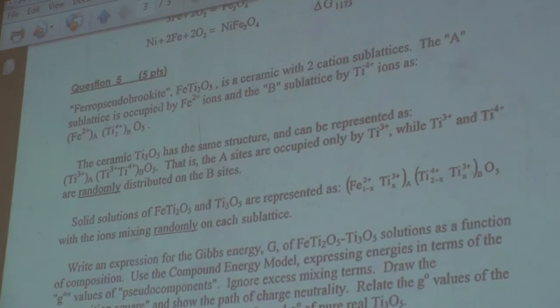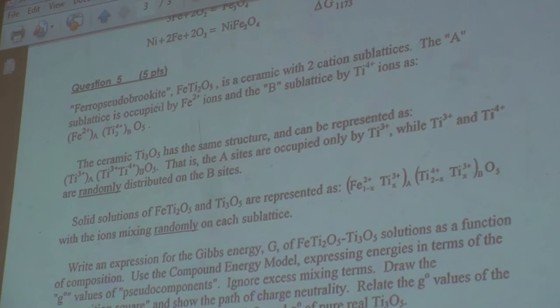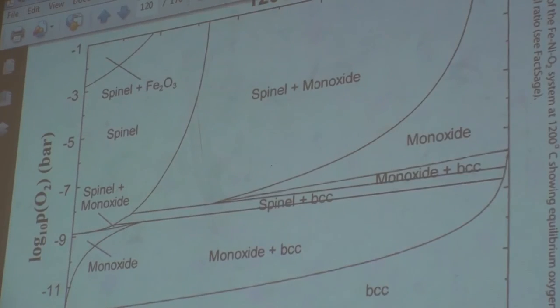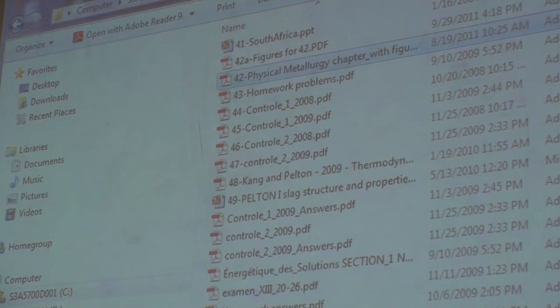So much for the compound energy formalism. Any questions about these things? All right, I want to continue with the molten slags and things.